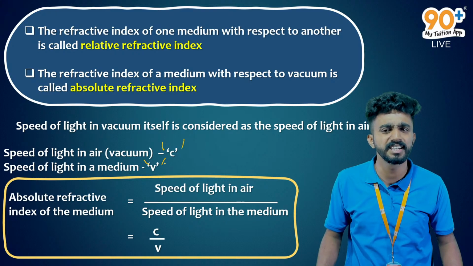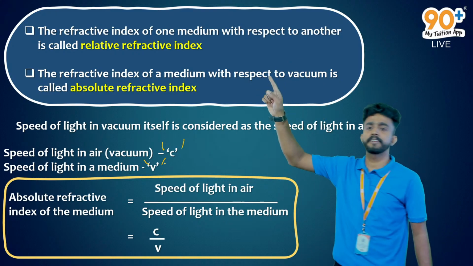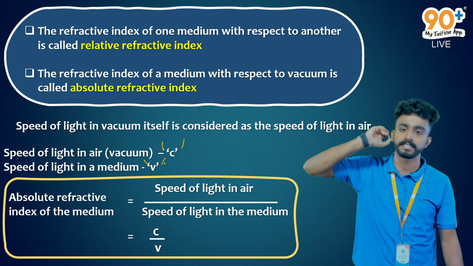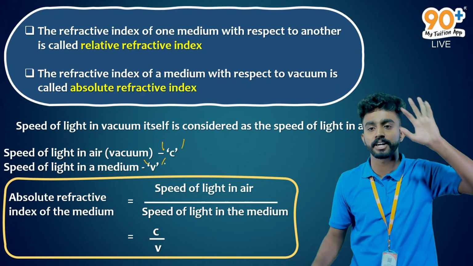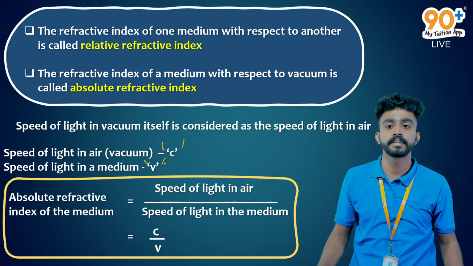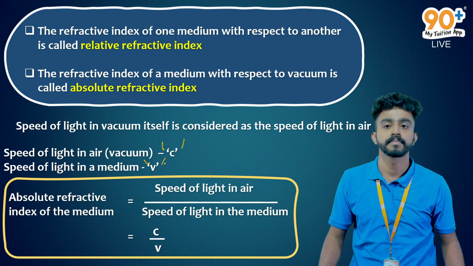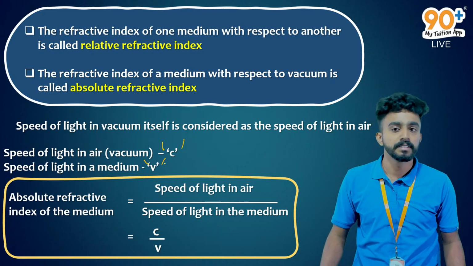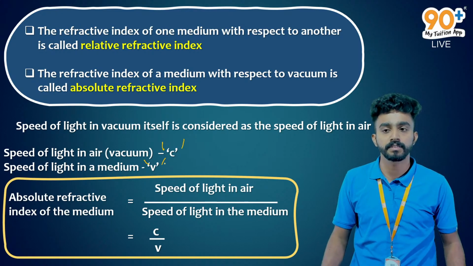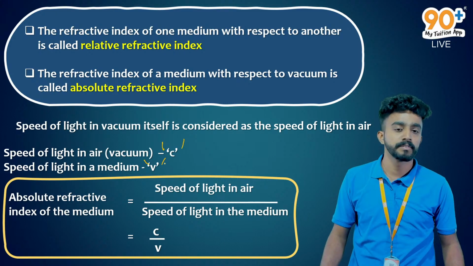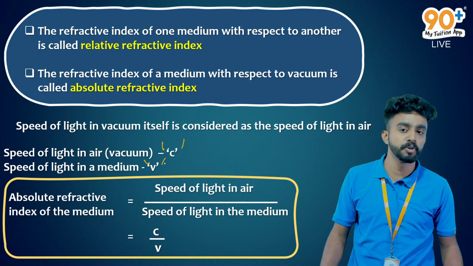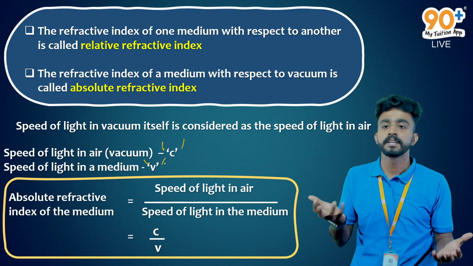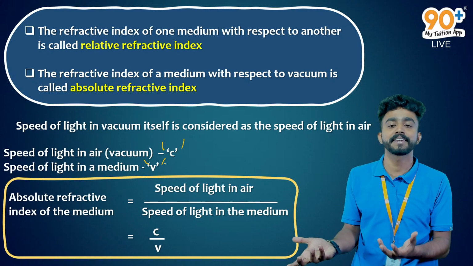What is the difference between relative refractive index and absolute refractive index? Don't read what is written over there. Tell me what you have understood. Give me an example or something, in your own words. One medium to another is called relative refractive index. Okay, if we are considering two different mediums, we can term it as relative refractive index.